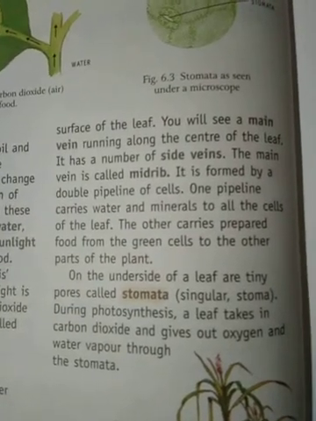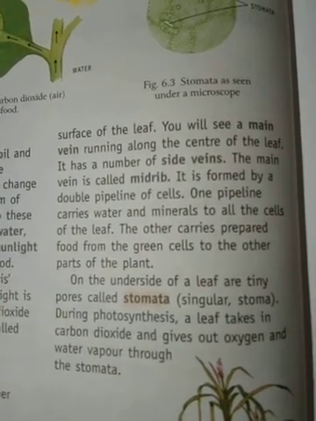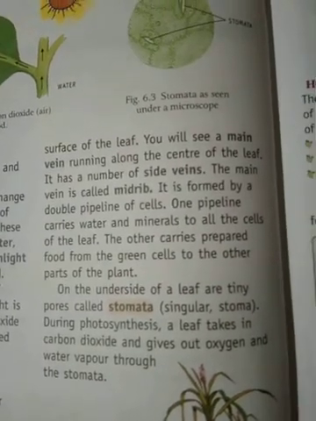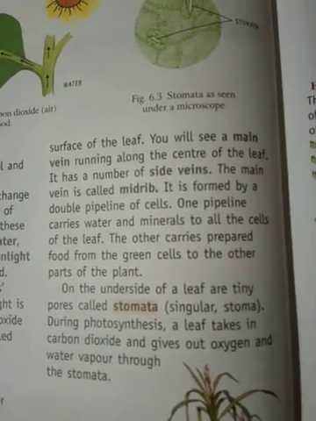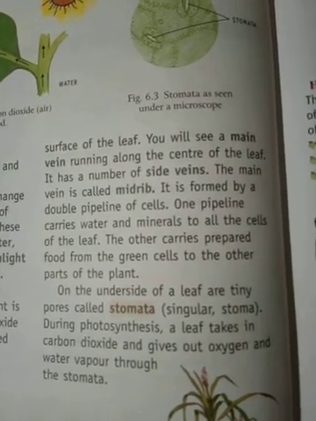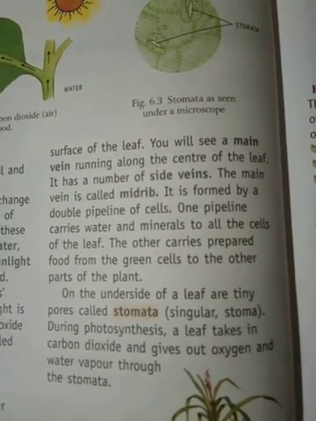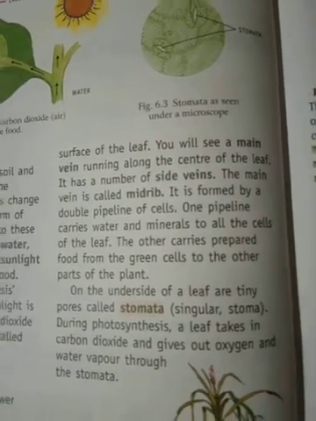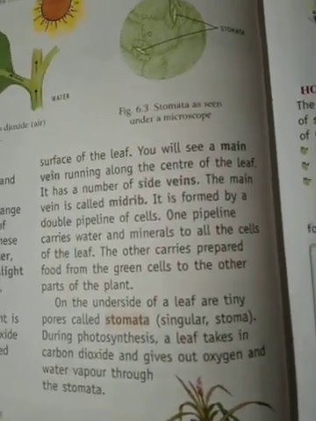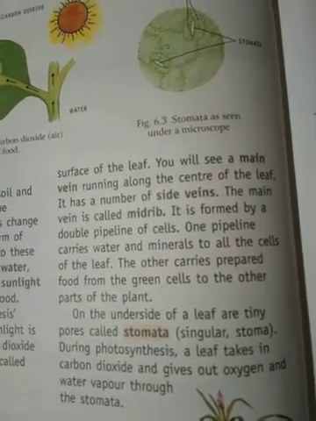So there must be some concept of pipelining of cells through which the food prepared in the leaves must go to those parts also, up to the roots also, because roots are not capable of preparing food, because they are underground, so they don't have the opportunity of getting sunlight.